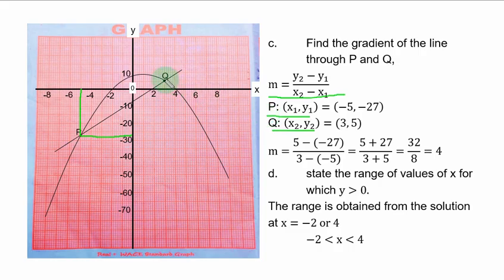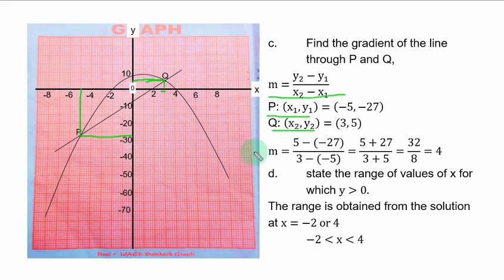We take point Q as the second coordinate with point s2, y2. So if you trace from this point to the s-axis, you have 3. And if you trace to the y-axis, you have 5.